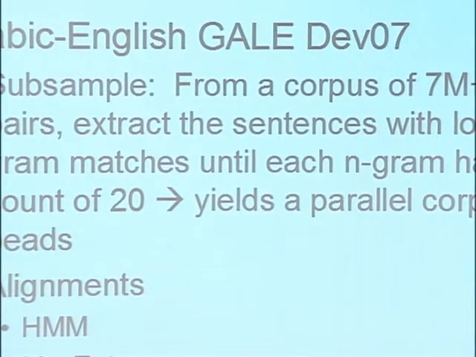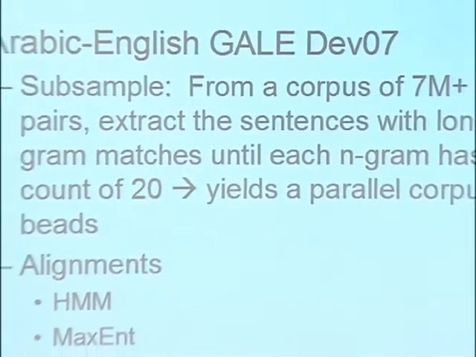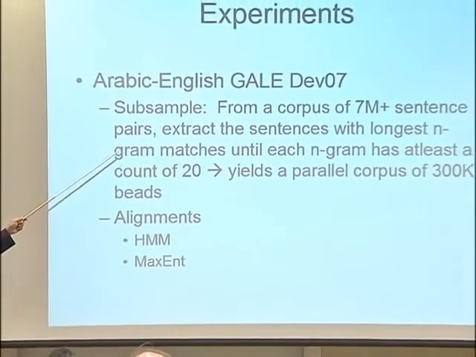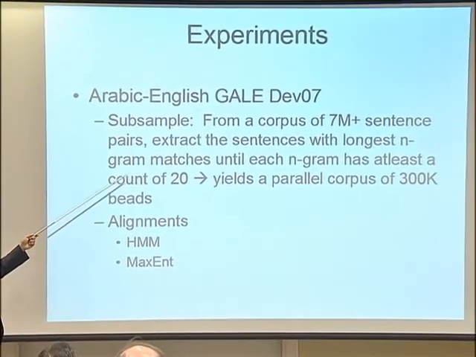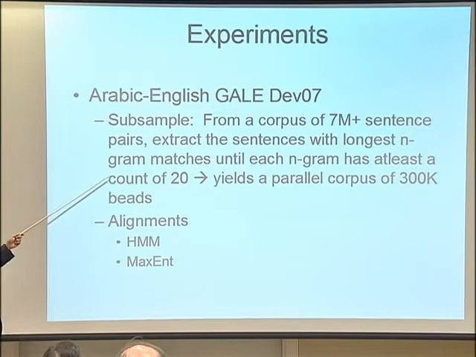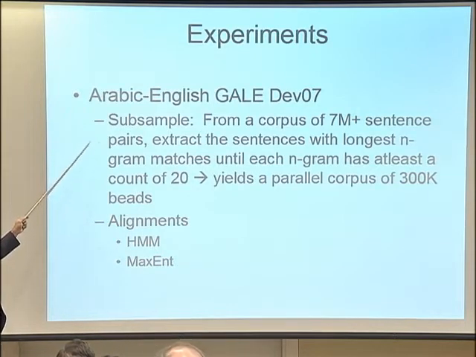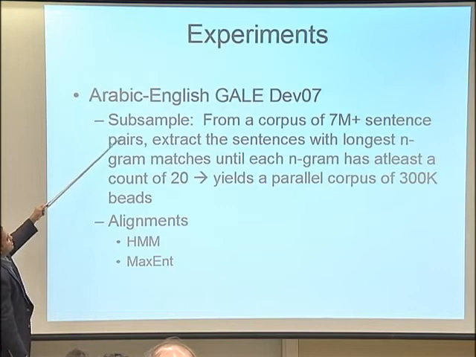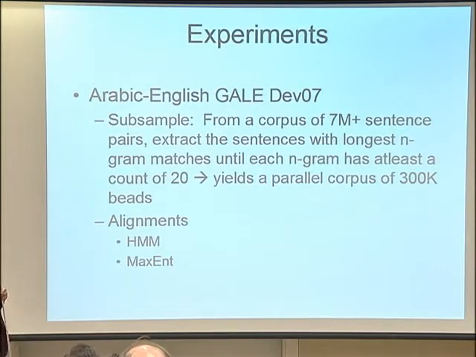Okay, so some experiments. I'm going to report on the Arabic English Gale Devo 7 data. It's something that's recent. The paper actually talks about MT06 and MT05 and so on, so you can refer to that. From our parallel corpus of 7 million sentences, we're going to produce a subsample, meaning just sentences that look close to our test sentences.